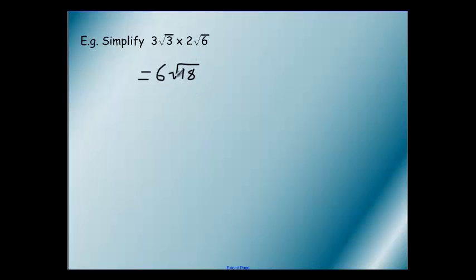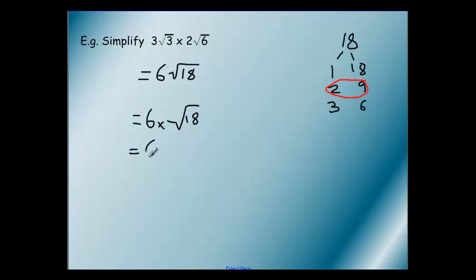But can I simplify this surd? Well, let's have a look. 18, that's 1 times 18, or 2 times 9, or 3 times 6. Are any of those square numbers? Well, yes. This pair here has a square number in it. So I can write this as 6 times the square root of 18, which is the same as 6 times the square root of 9 times the square root of 2.